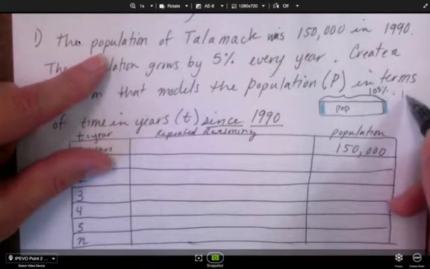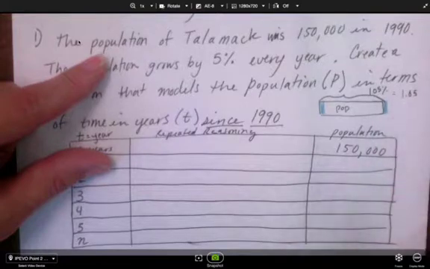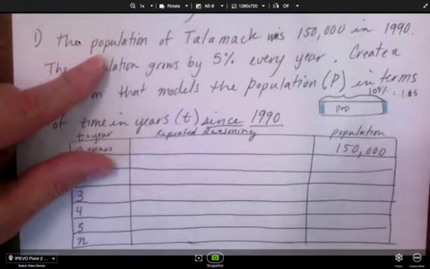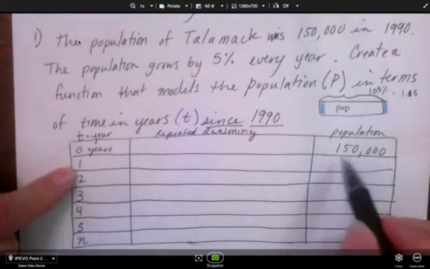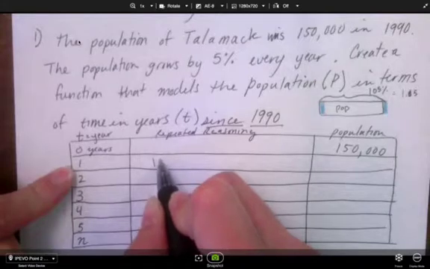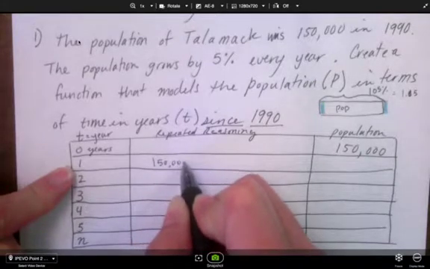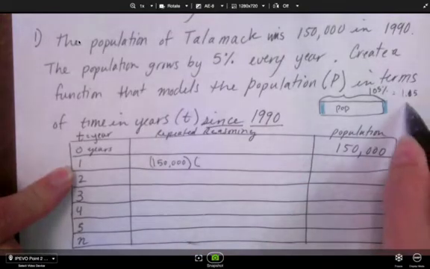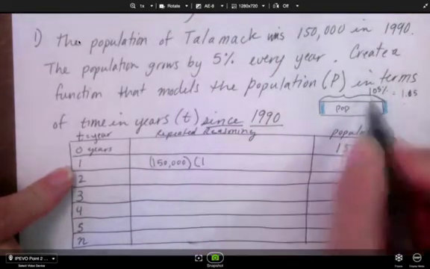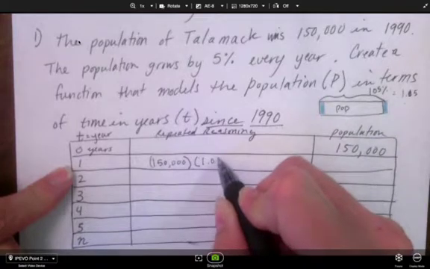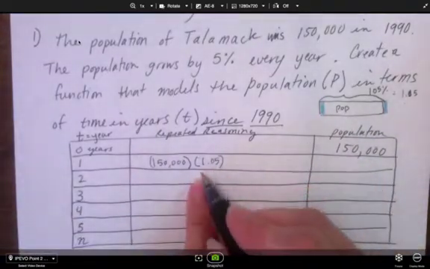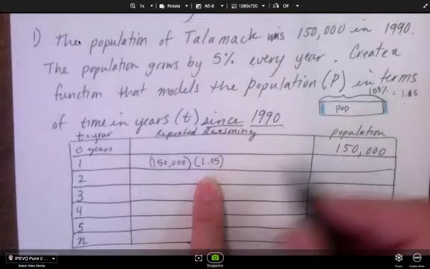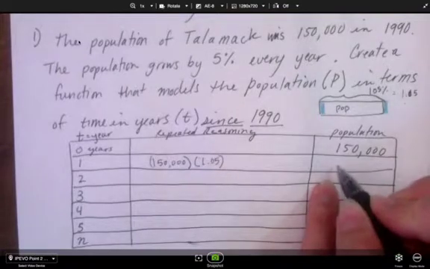This as a decimal is going to be 1.05. So we'll practice this in class, which is figuring out what this multiplier is going to be. But after 1 year, our population, 150,000, if you multiply it by 100% and 5%, so 105%, we're going to get some number over here.